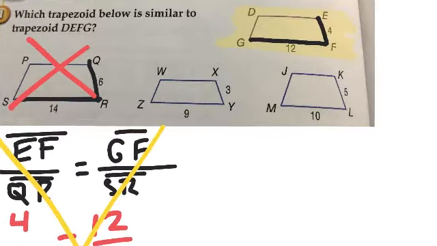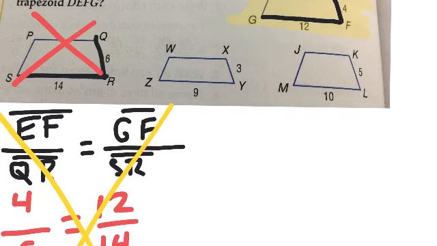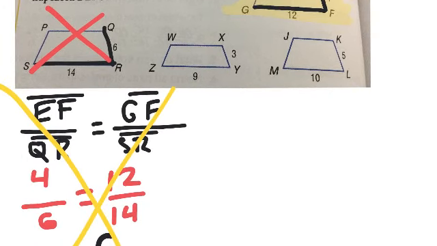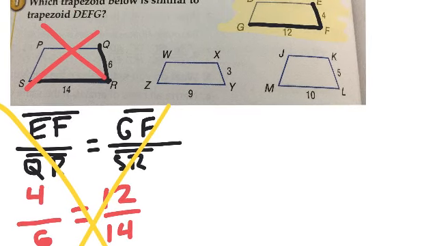So now I'm going to try the next one. So I'm looking at trapezoid WXYZ. So again, I set it up just like I did before. So side EF is 4. Which side goes along with side EF? Is corresponding to side EF. In this one.